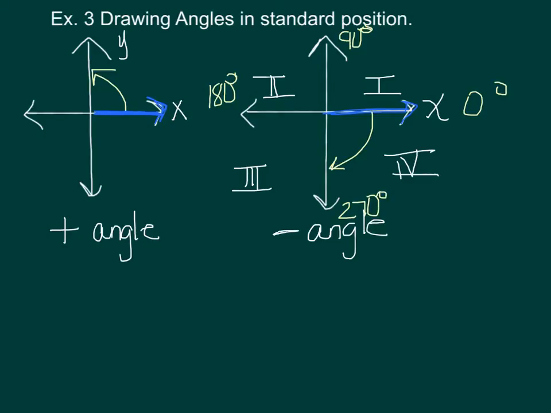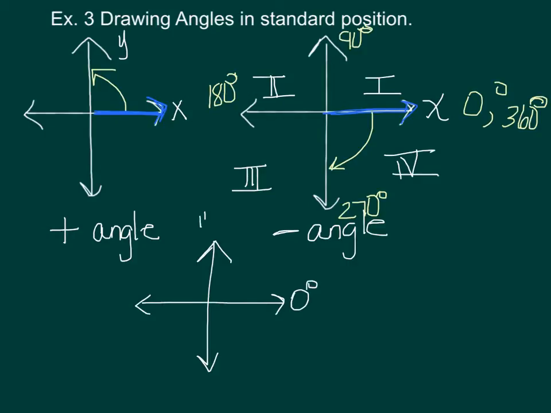If you go back around, you're back at 360. So just so you know that. Then you can also convert those to radians. In radians, 0 degrees, pi over 2, 1 pi, 3 pi over 2, and 2 pi.